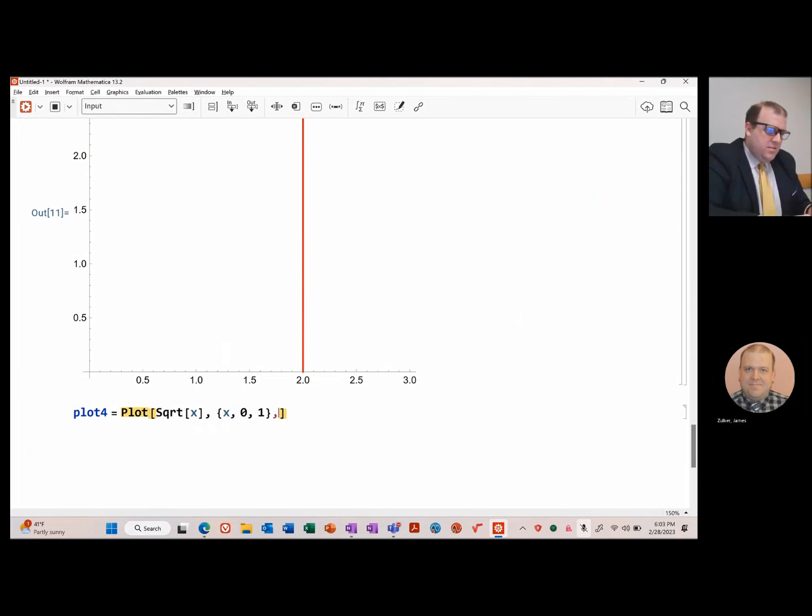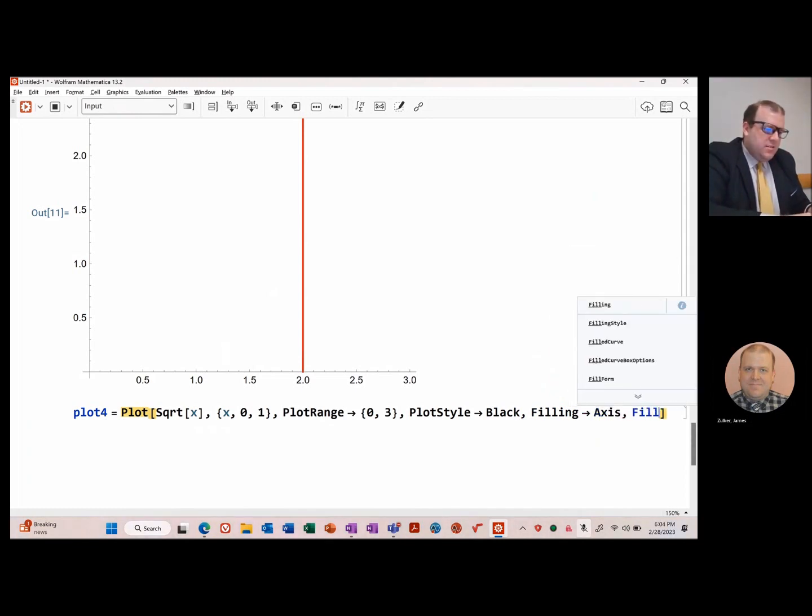Just to be safe, I'm going to set the plot range to be the same thing, 0 to 3. Plot style: black. Filling is with the axis.